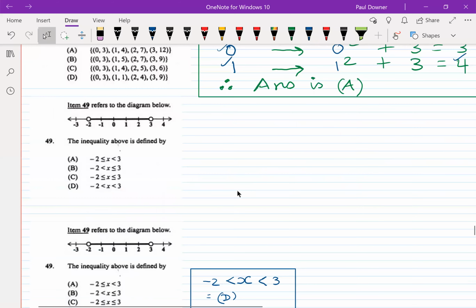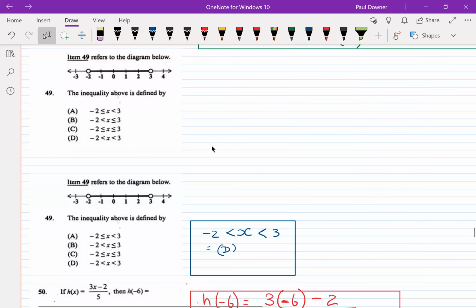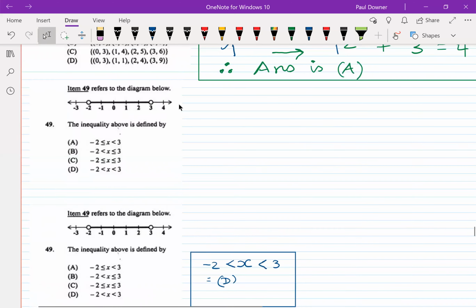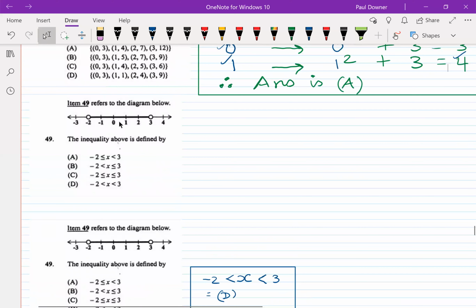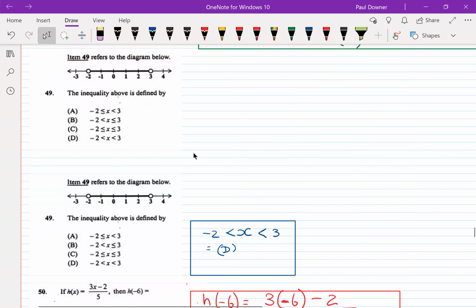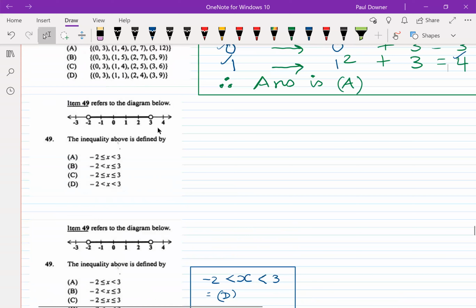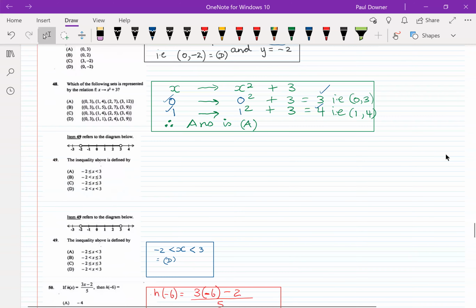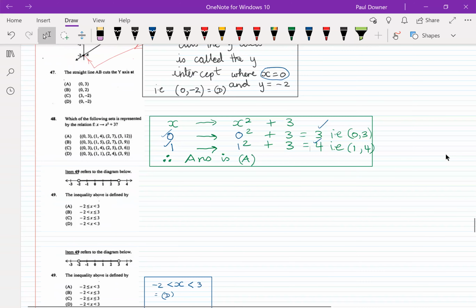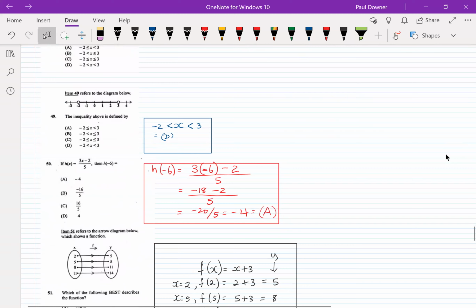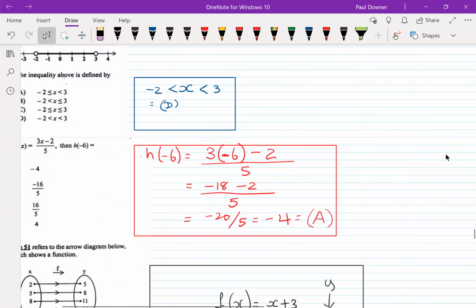All right, we go down to this one here. We say the inequality above is defined by. Well, let's look at this inequality. We're going to open it up.